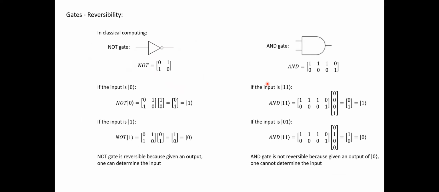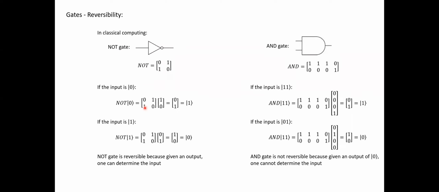interesting. So next slide, I mentioned that gates are reversible. So let me talk a little bit about what that is. In classical computing, we have the NOT gate or the AND gate. Taking advantage of the definition in the first slide, we can define the transformation matrix for the NOT gate as this.